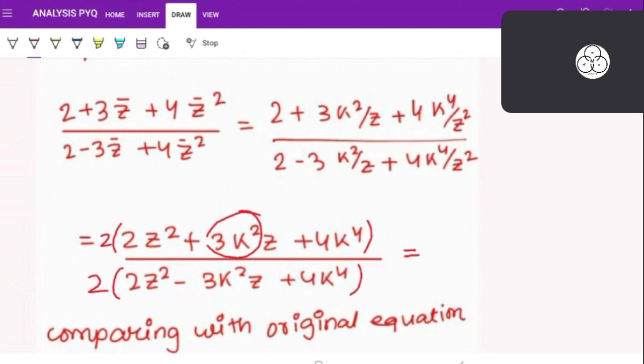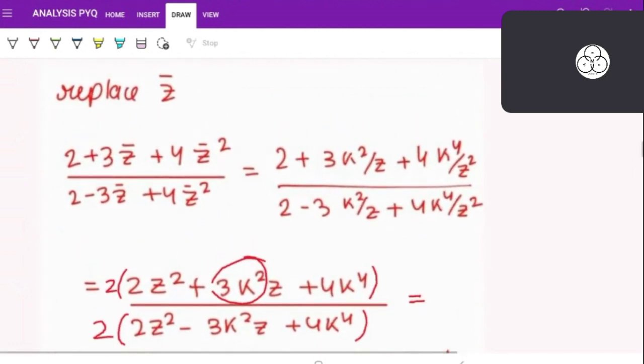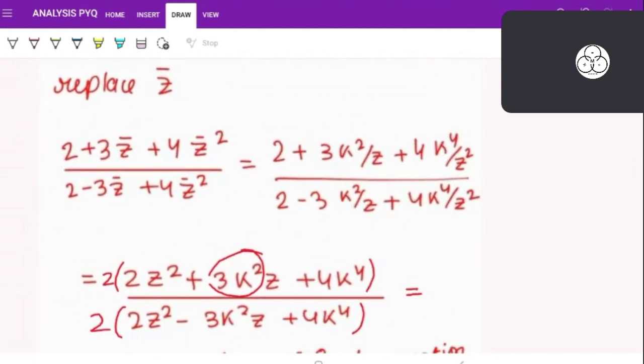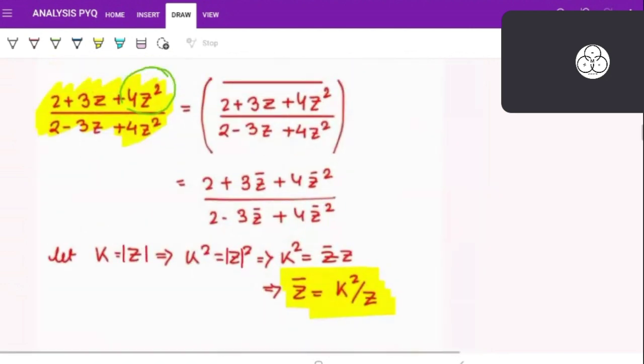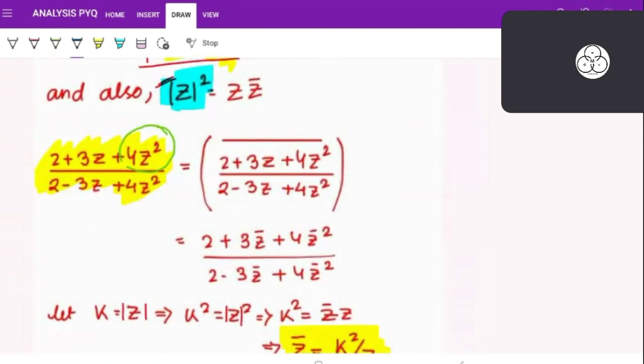Now see, this will be 6k square z. Compare it with 3z. You will get k square equals 1 by 2.